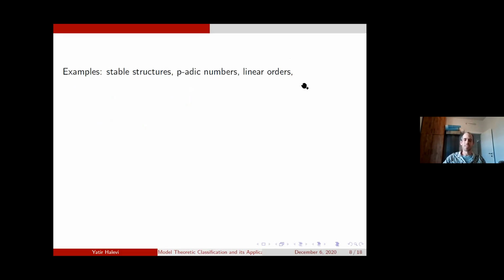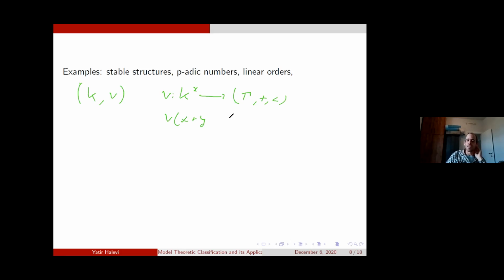Other examples are the p-adic numbers. What do I mean by p-adic numbers? Assuming probably most of you do know it, but it's a good opportunity to give a definition. A valued field is a field together with a valuation. By valuation, I mean a group homomorphism from the multiplicative group to some ordered abelian group that satisfies the non-Archimedean inequality.